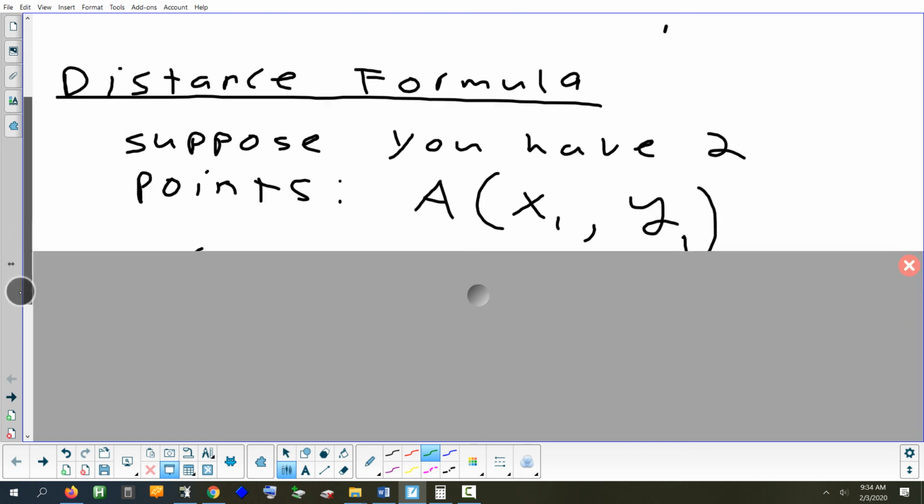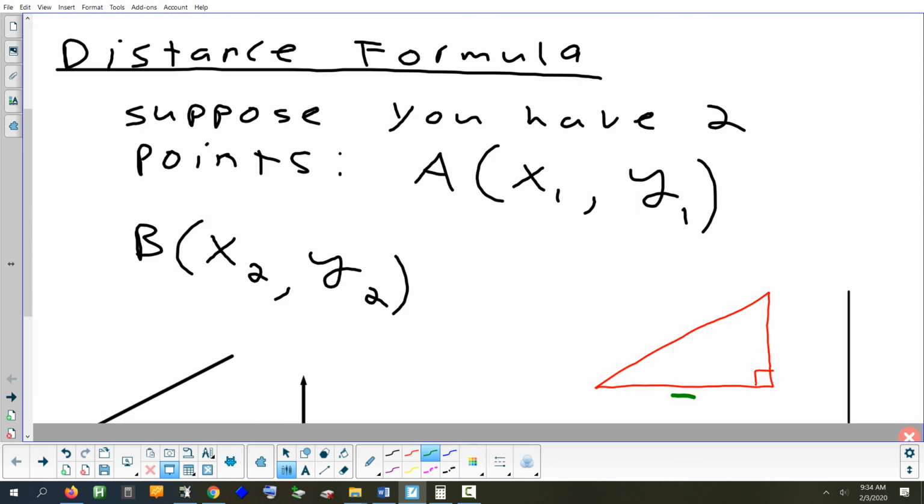So the idea of the distance formula is that you've got 2 points, and you're just trying to figure out how far apart the 2 points are on an XY axis. Not even really connecting this with a word problem here. But you just got 2 points. You're just trying to find out how far apart they are.